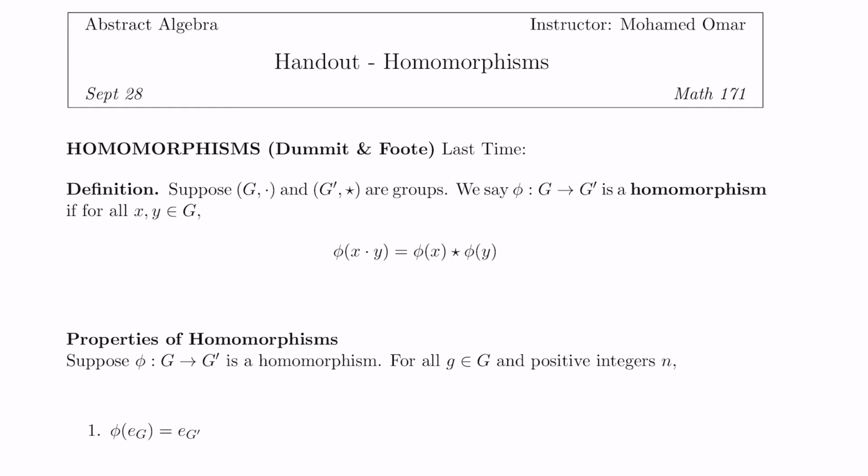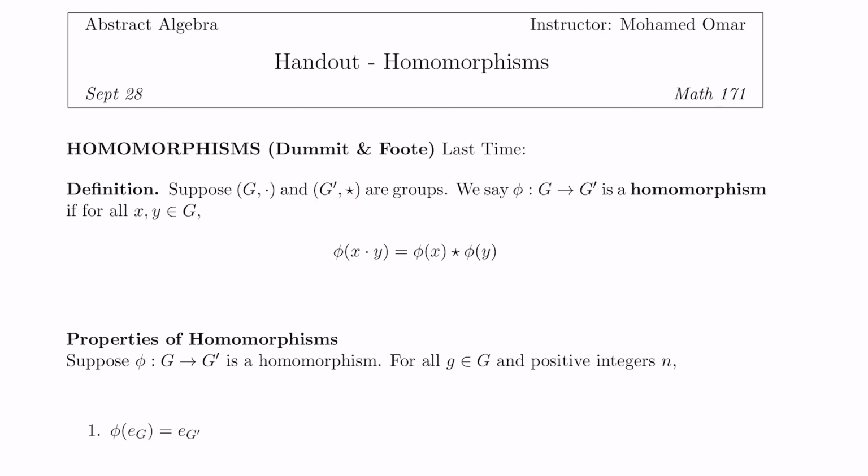So today we're going to talk about homomorphisms, and this is a continued conversation from what we talked about last time. To remind ourselves, let's suppose we had a group G with an operation dot and another group G prime with an operation star.